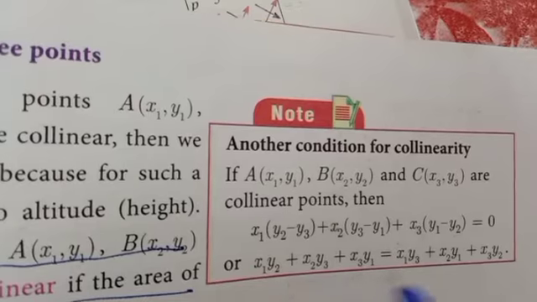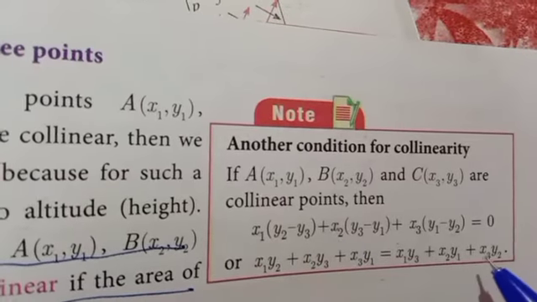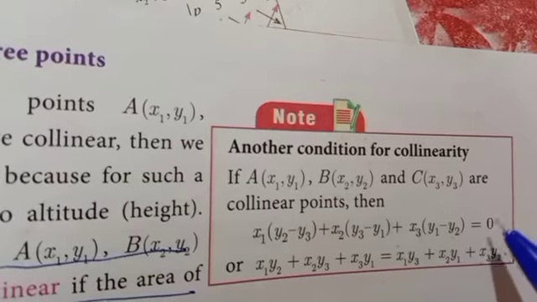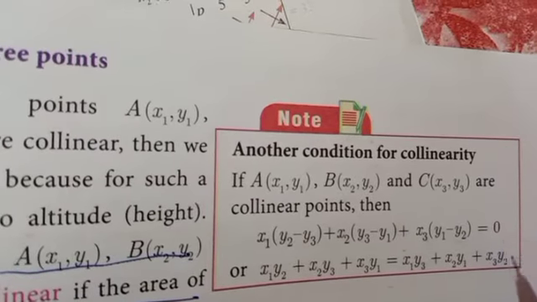The positive values on one side, the negative values you transpose to the right-hand side, and you get these values. It may come for one word questions, so remember it.